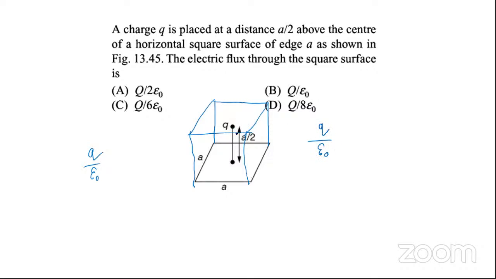Okay, now this Q is placed exactly in the center of the cube, so the flux will be passing equally from all the sides. So we want to find the flux passing through one surface out of the six, so we'll divide it by 6. So that gives us the answer as Q upon 6 epsilon naught. Alright, so C is the answer.